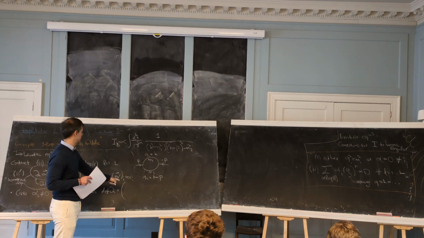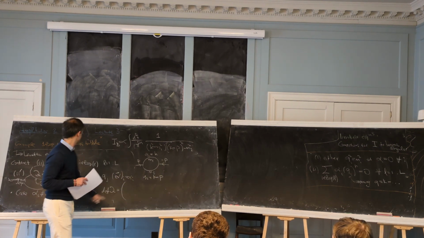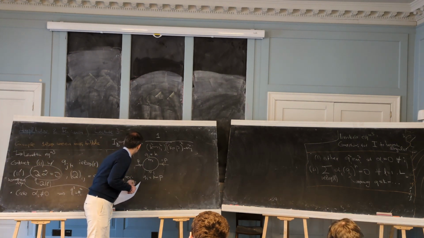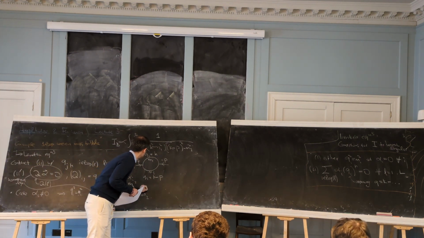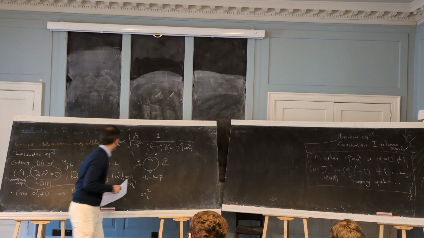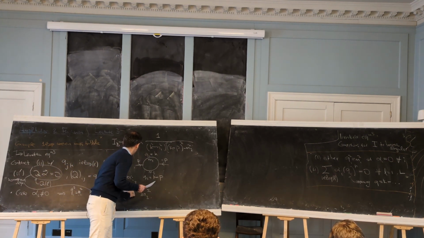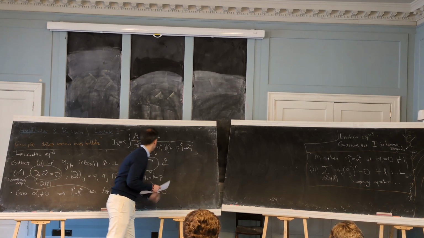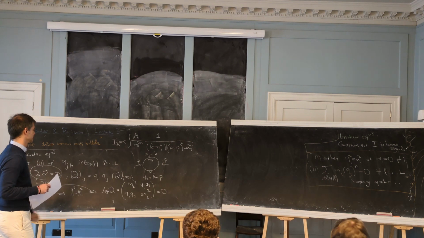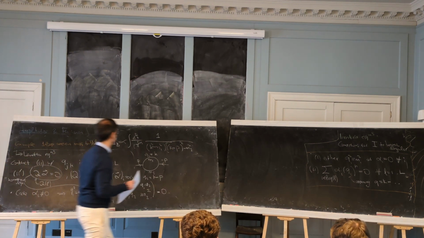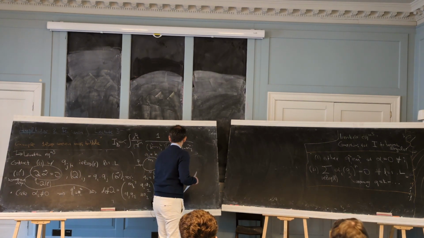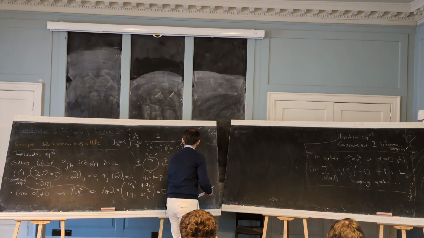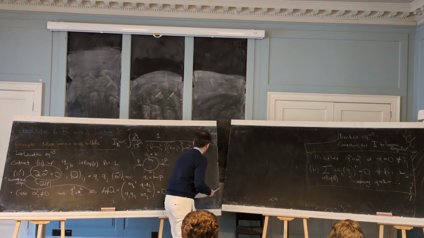Q1 squared is m1 squared, and here you have Q1 dot Q2, Q1 dot Q2, equals 0. And therefore Q1 dot Q2 is plus or minus m1 m2.